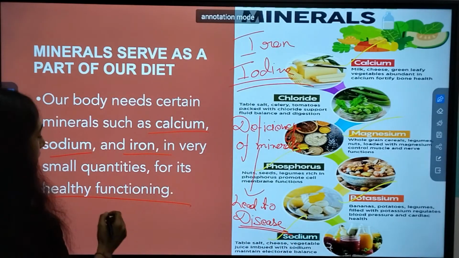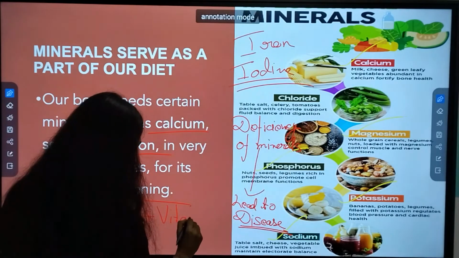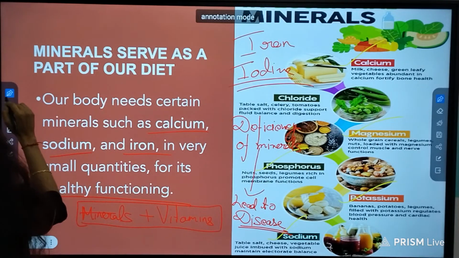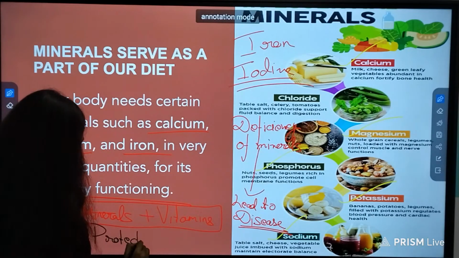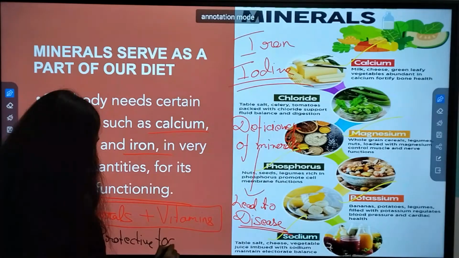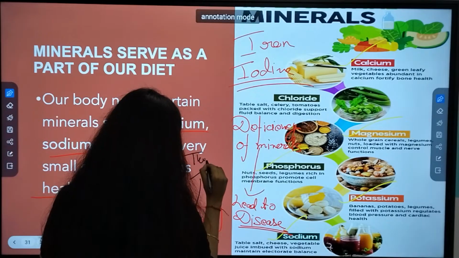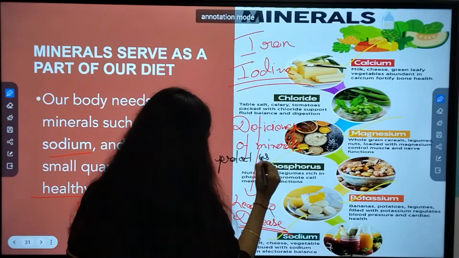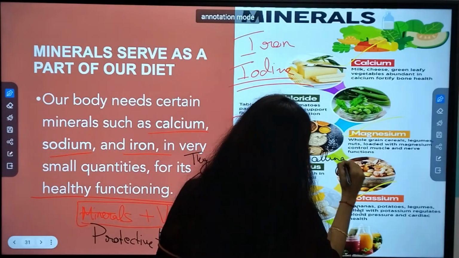That is why minerals plus vitamins, both are known as what? They are known as protective food, because they protect us from falling ill.